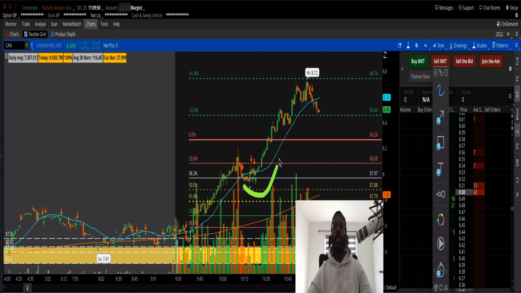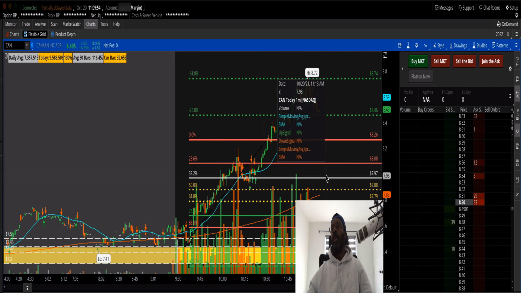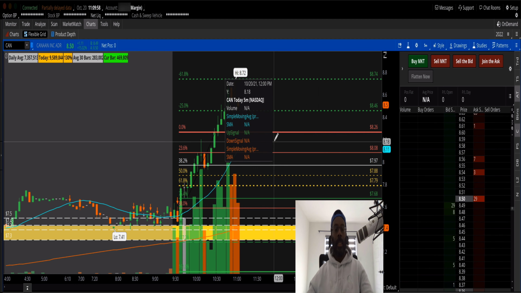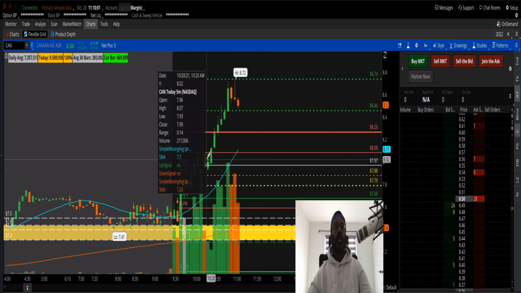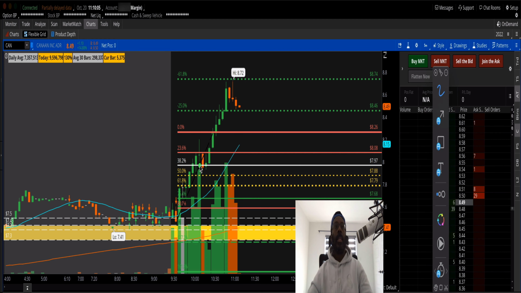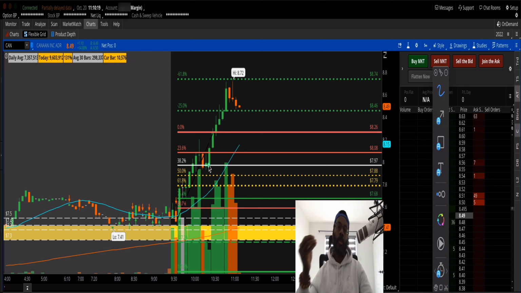So look at that rip, right? That's what you want. This is on a 1 minute, so let's go on to 5 minutes so you can see how clean this setup was. So we go to 10:13, roughly right around here. This candle right here, see this sell side activity candle? We know it's gonna drop. We know here's the retracement. Here's the bounce off the 38.2. Oh, it's always golden off the 38.2.